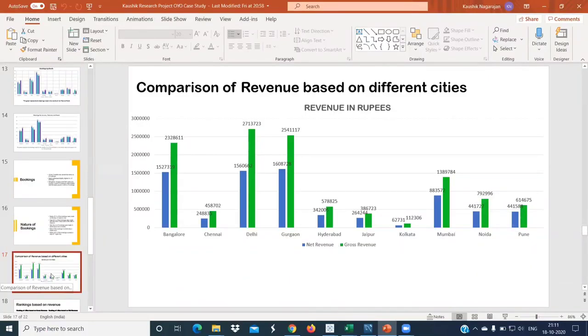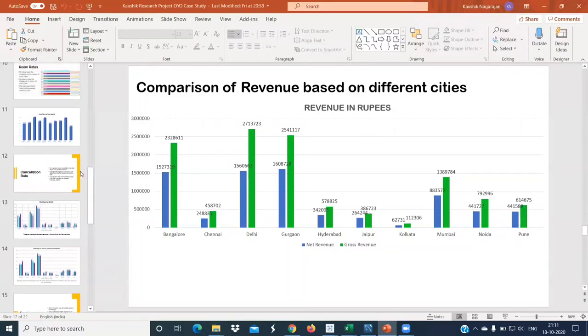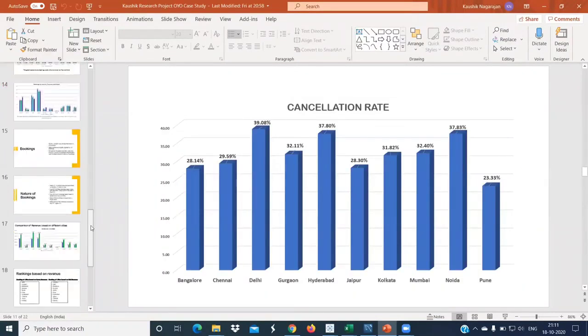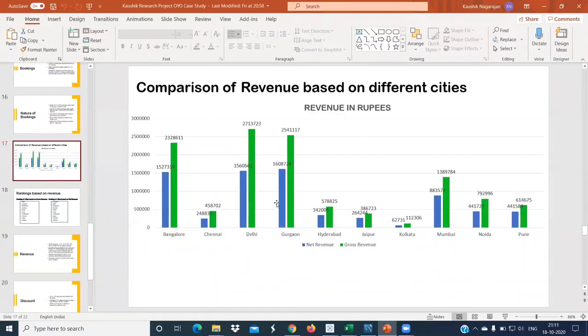We can correlate this graph and the cancellation rate graph. That is, the city with the highest cancellation rate will have the maximum difference between the gross revenue and the net revenue, and the city with the lowest cancellation rate will have the least difference between the gross revenue and the net revenue.